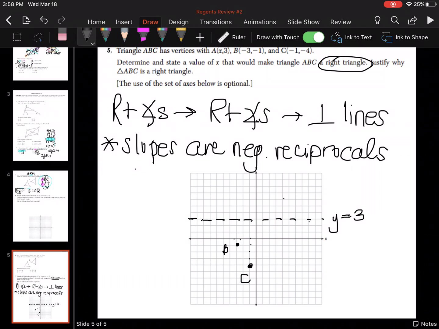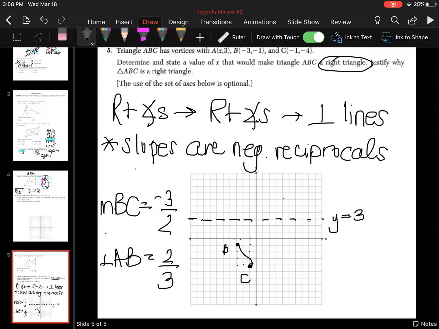So if we find the slope from B to C, that was not very straight, but that's okay. The slope of BC is down 1, 2, 3 to the right 2. So down 3 would be a negative 3, to the right 2 would be a positive 2. The perpendicular slope of AB would have to be positive 2 over 3.